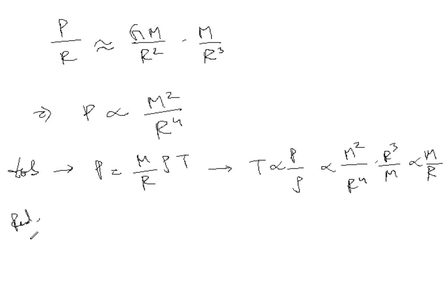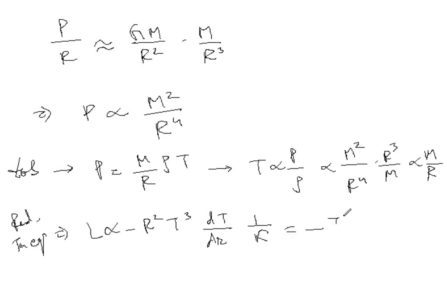Radiative transport equation: L is proportional to minus r squared T cubed dT/dr times 1 by kappa, or this is equal to minus T cubed by kappa rho dT/dr into r squared. Yes, this should be rho into kappa over here.